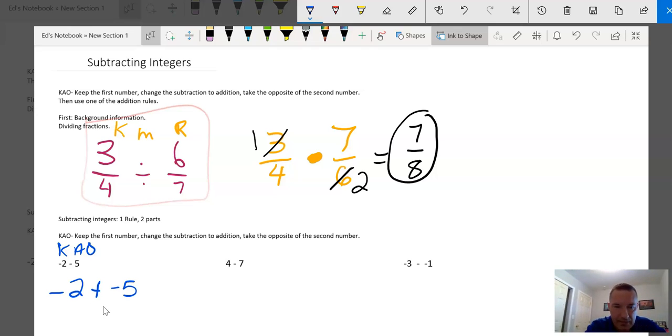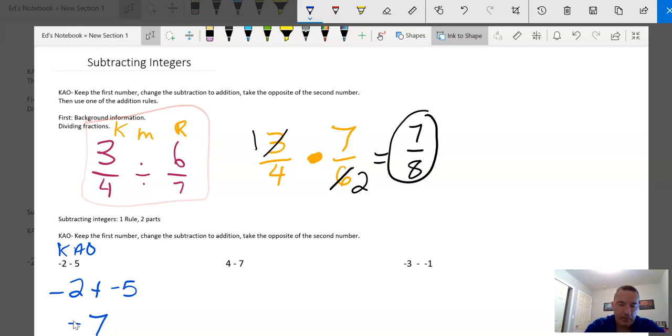In this case, the signs are the same, so we add them up. 2 plus 5 is 7. Keep the sign of larger absolute value, which is the -5. So our answer is going to be -7. Or, again, if we're using the money analogy, you owe your mom $2, you owe your dad $5. What's your situation? Well, you owe a total of $7, so you're -7 in value.